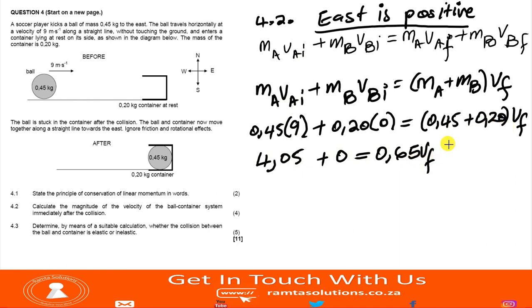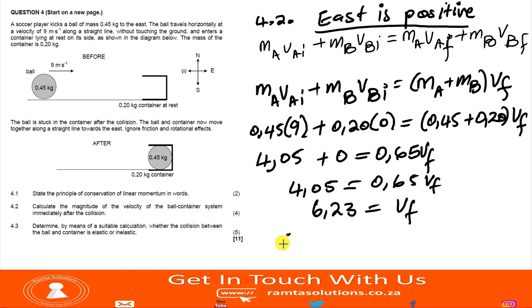Perfect. Now, the step I'm writing is honestly not necessary because it's just going to be 4.05 divided by 0.65. What is our answer? Our answer is 6.23.